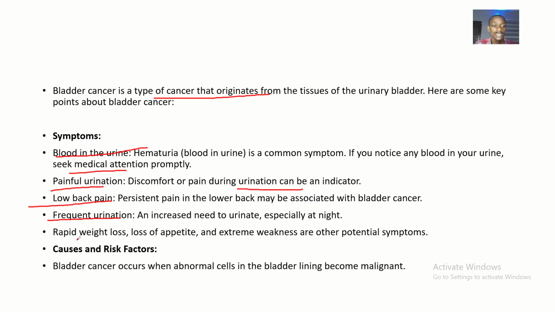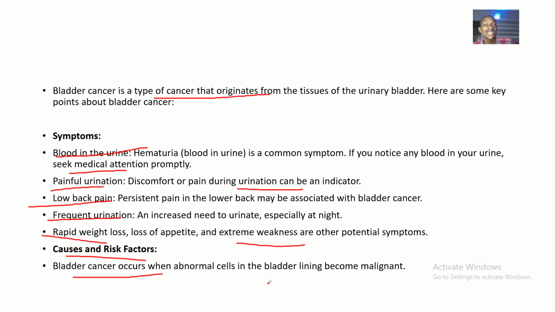Then there's rapid weight loss, loss of appetite, and extreme weakness. All these are also potential symptoms of bladder cancer. Then causes and risk factors. First of all, the causes. We said that bladder cancer occurs when abnormal cells in the bladder lining become malignant.